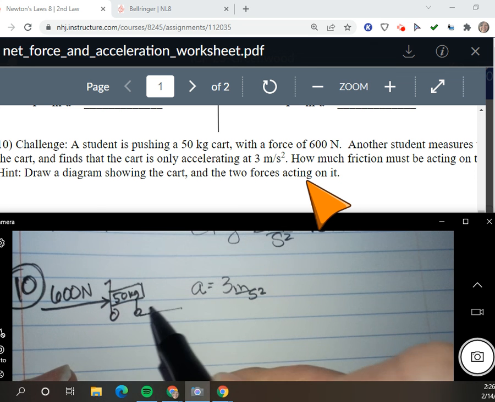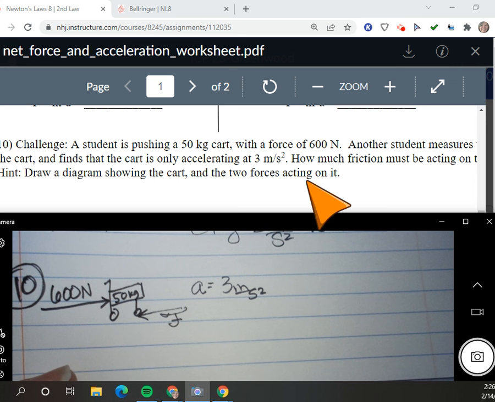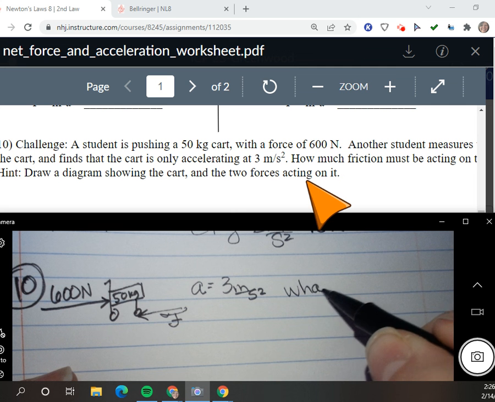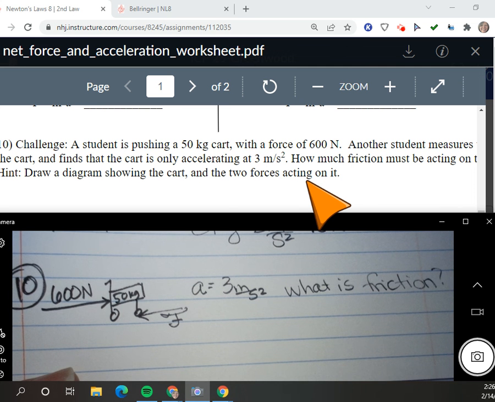They are asking, what is friction? Okay, what is friction? So how would we do that?